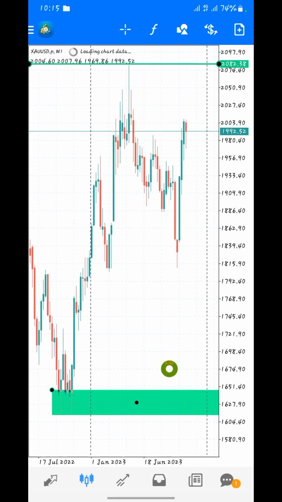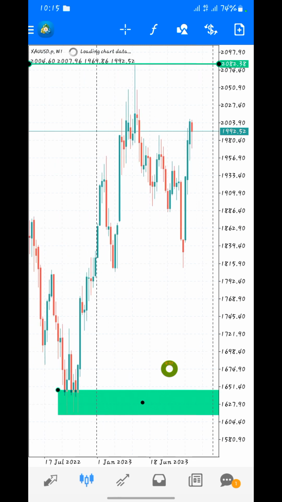Then the second thing you have to look for is where the market retraced back. Since there is a lot of retracement in this market, we will not mark each and every retracement.